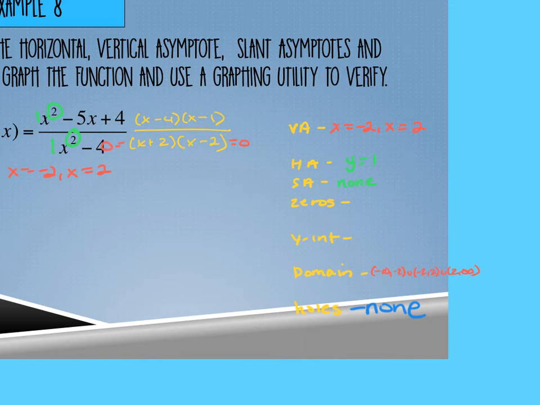Zeros come from my numerator, so I already factored it. I'm going to say x minus 4 equals 0 and x minus 1 equals 0, and my zeros are at positive 4 and positive 1. Remember, zeros we list. No duplicates of multiplicity there, right? So they're going to cross through those points.